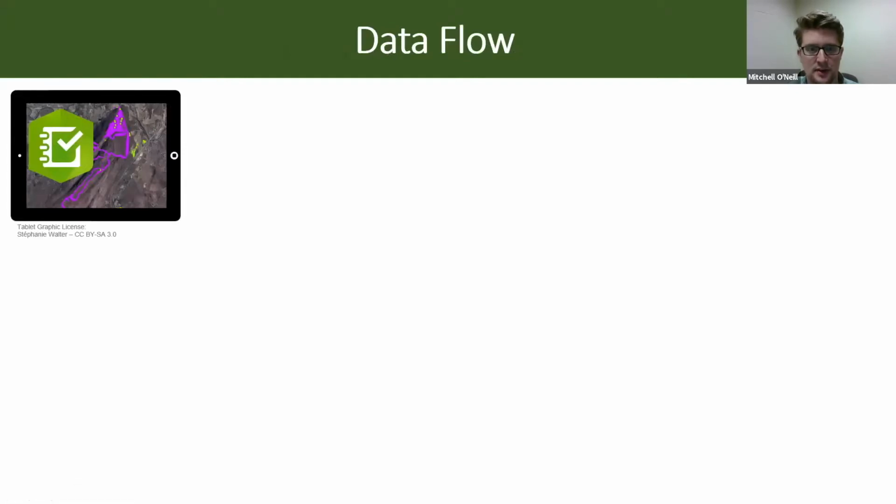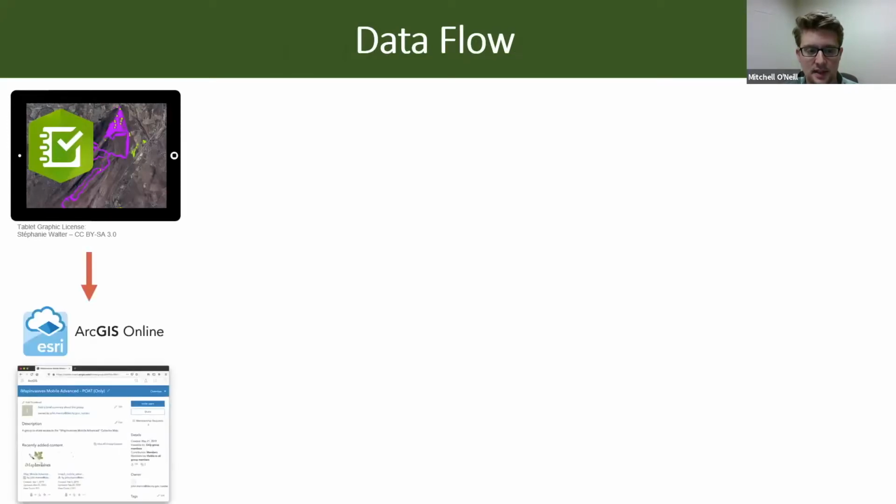And so I'm going to go into a little bit more about what the data flow is for Sas Pro. First, data is collected on a tablet or smartphone in the Survey 123 app. And then once you click upload, it goes up into ArcGIS Online, which is the cloud version of ArcGIS.